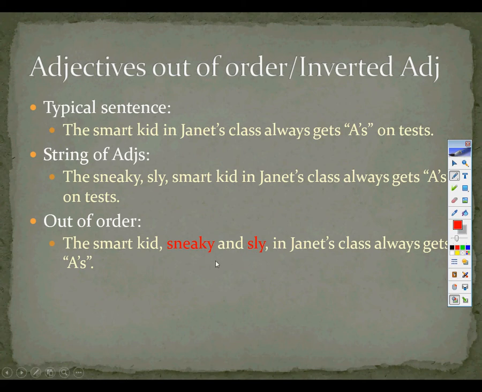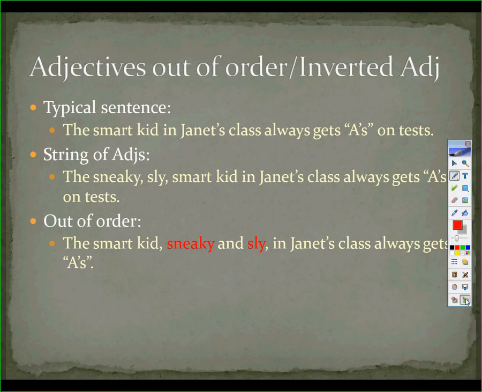Now wait a minute. If we just read part of that sentence, the smart kid, what are we thinking? Before we've read any more of the sentence, we're thinking, okay, this kid is smart, right? He does whatever smart kids do.